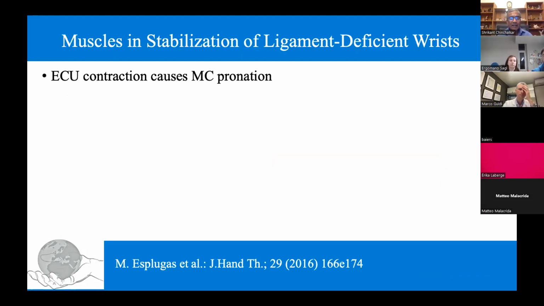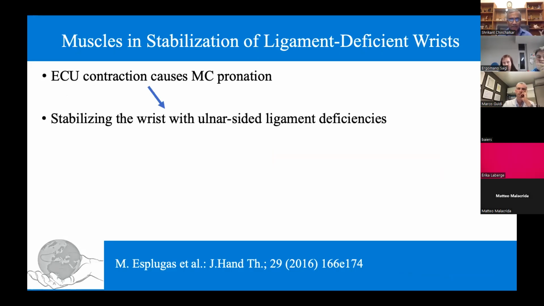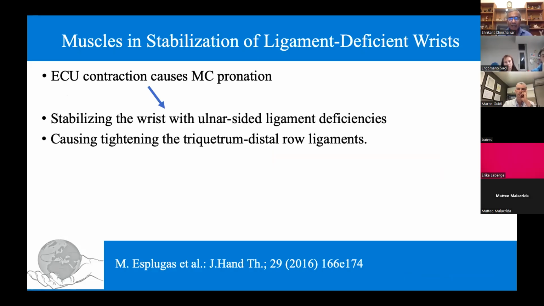Studies done by, again, Maria have shown that ECU contraction causes midcarpal pronation. And by activating extensor carpi ulnaris, it helps in stabilizing the wrist with ulnar-sided ligamentous deficiency, causing tightening of the triquetrum and distal carpal row ligaments.